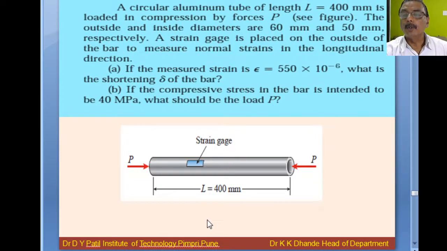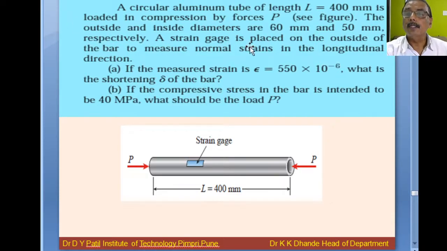Now come to our next numerical. A circular aluminum tube of length L equal to 400 mm is loaded in compression by forces P as shown in the figure. The outside and inside diameters are 60 mm and 50 mm respectively.